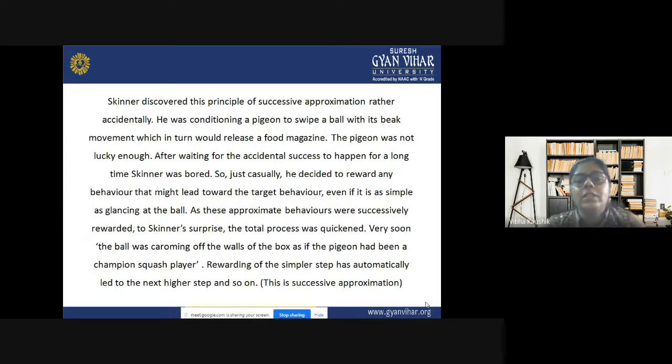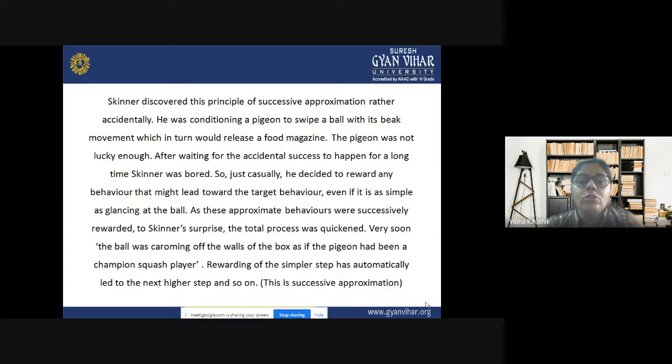Skinner discovered this principle of successive approximation rather accidentally. He was conditioning a pigeon to swipe a ball with his beak movement, which in turn would release a food reward. The pigeon was not lucky enough. After waiting for the accidental success to happen for a long time, Skinner was bored.